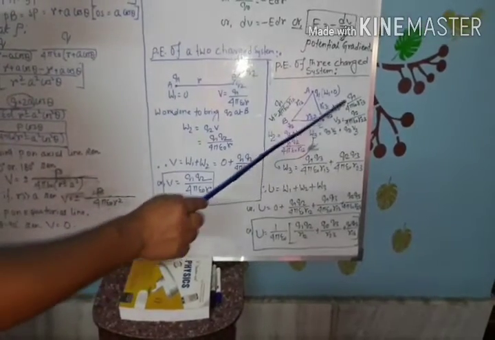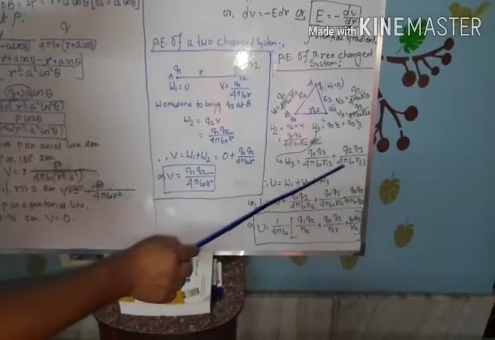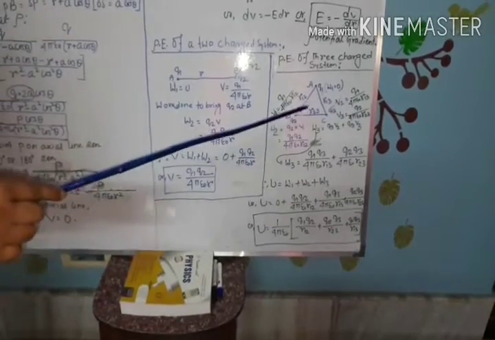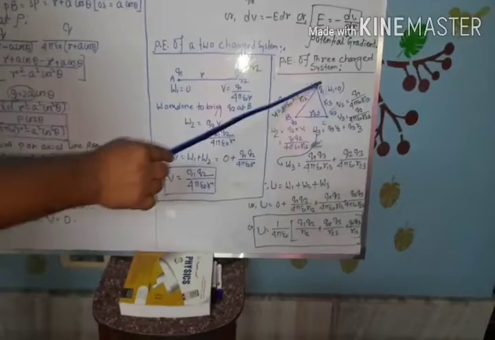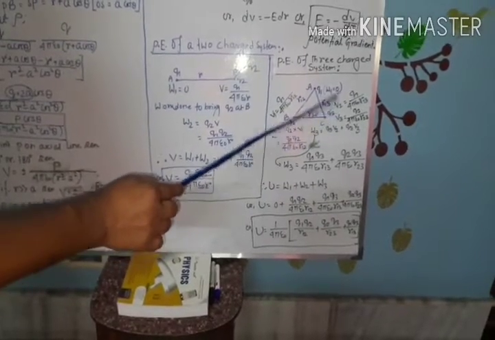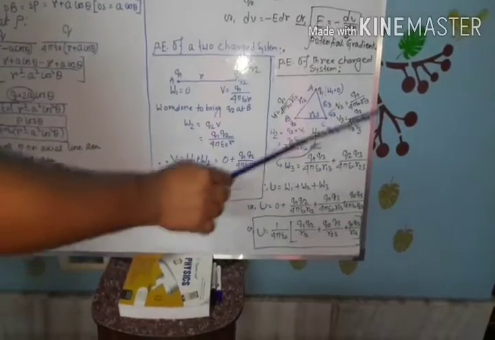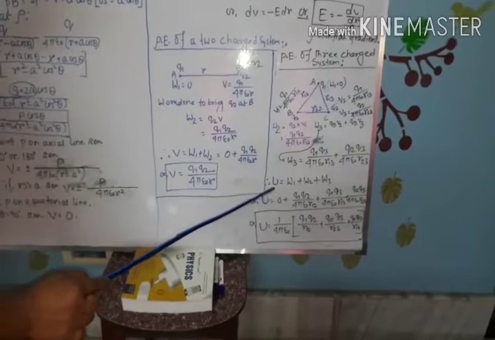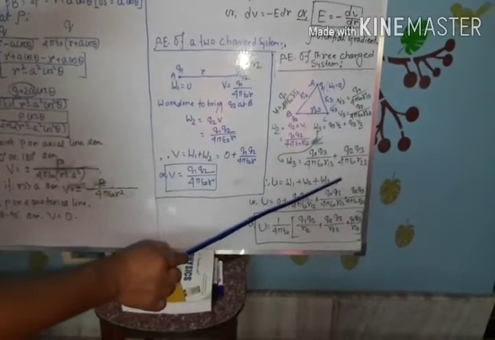By putting the values of V2 and V3 here, we get the equation. Therefore, the total work done to place all three charges at the positions A, B, C is known as the potential energy of the three-charge system. Remember, the potential energy is naturally denoted by U. So U equals W1 plus W2 plus W3.